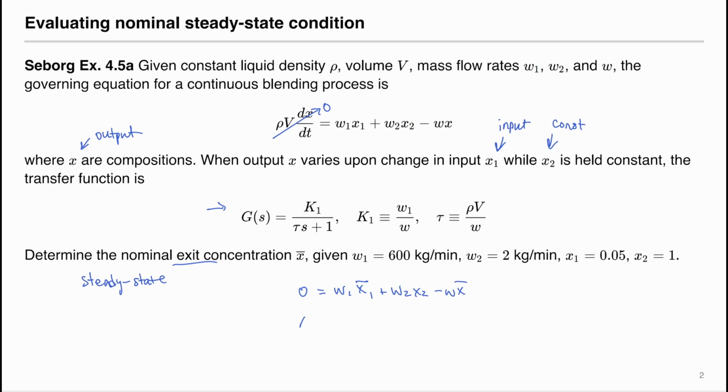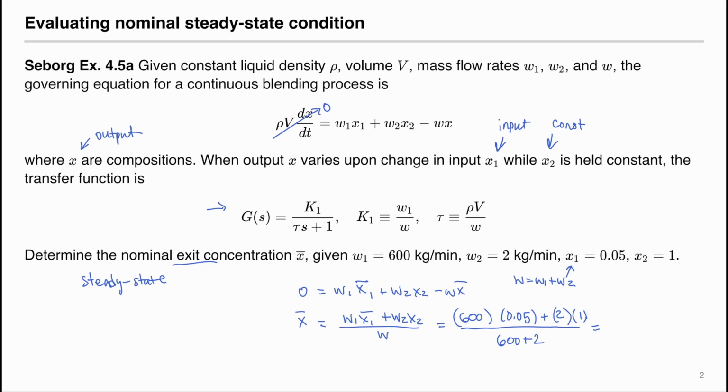So we can solve for x bar. We have w1 x1 bar plus w2 x2 divided by w. Now we can plug in numbers. W1 is 600, x1 bar is 0.05, plus 2 times 1, and w equals w1 plus w2, because it is the total flow rate.